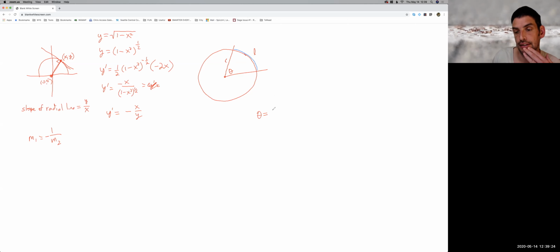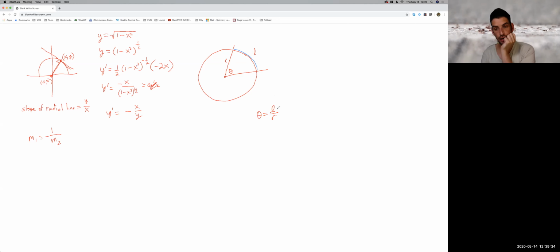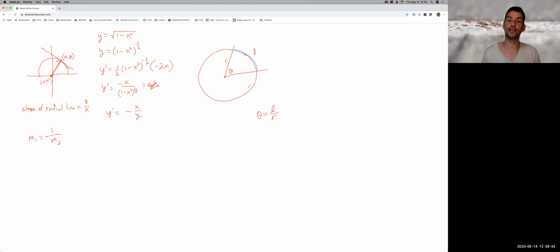Well, theta is defined to be the ratio of the arc length to the radius, right? As the arc length gets larger, you can imagine if I'm opening this angle, the angle's getting bigger. Or you can imagine an arc length of 0 when this angle is snapped shut.